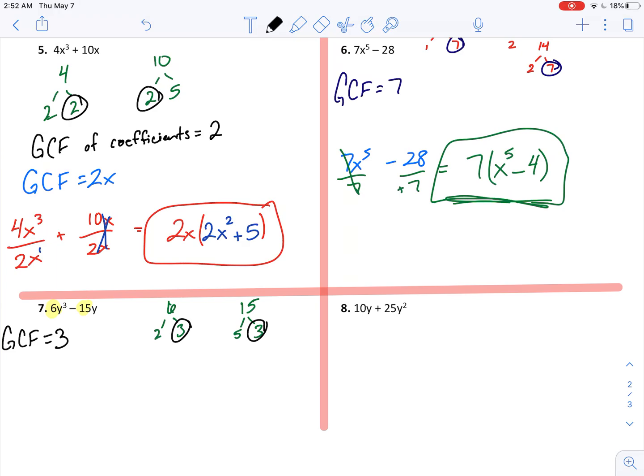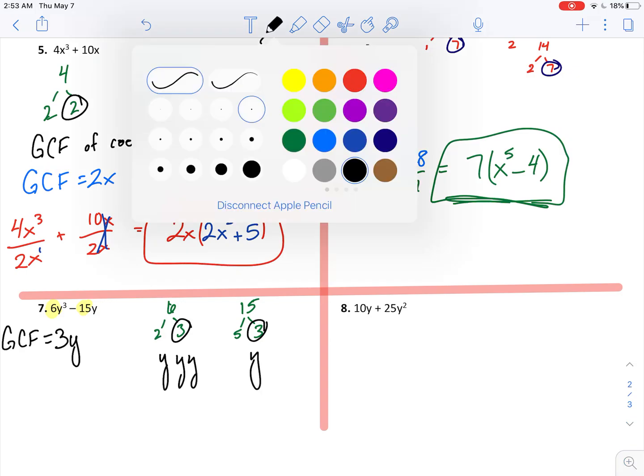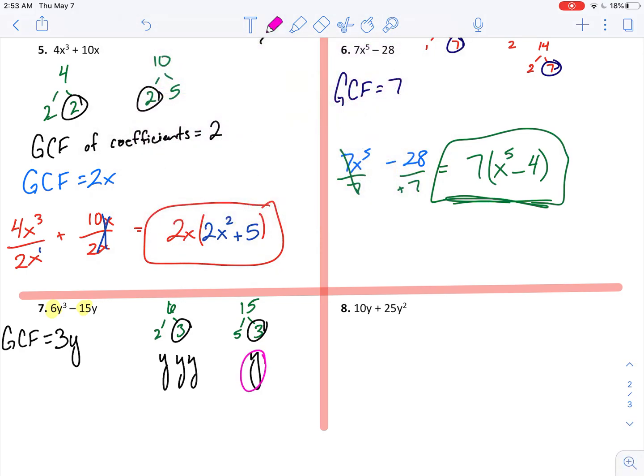What's the smaller number of y's that I have here? Well, I've got 3 y's and 1 y. So I'm going to take the smaller of the two and just get 1 y. And the reason there, again, is if I had 3 y's and 1 y, and I wanted to circle what they had in common, well, I can only circle 1 y.